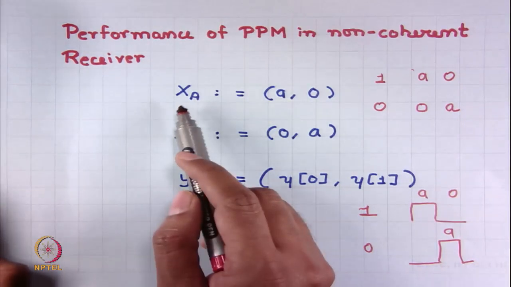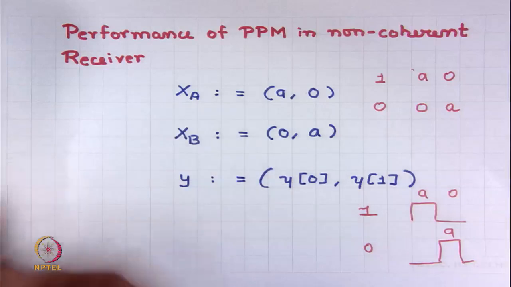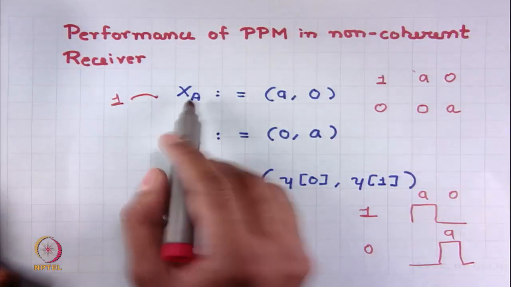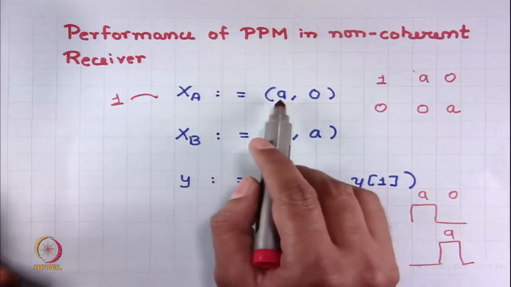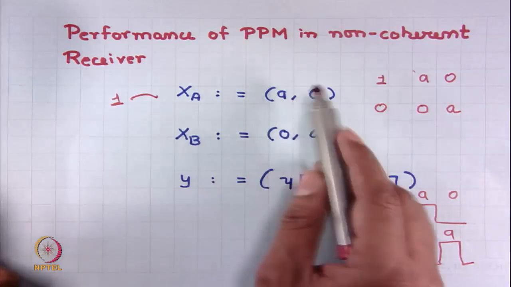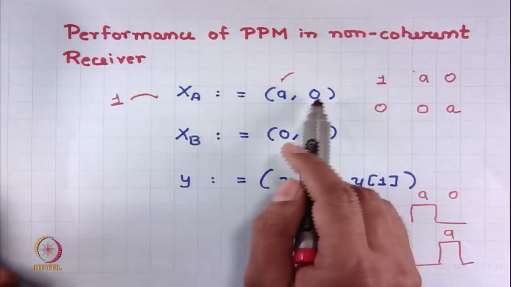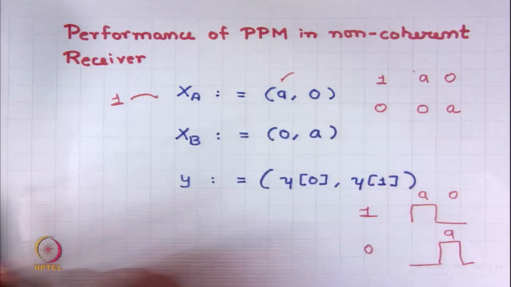So, here we are saying this, if we want to transmit 1, XA, XA is defined as a combination of A and 0. That means, in first symbol time we will be transmitting A, in next symbol time we will be transmitting 0.